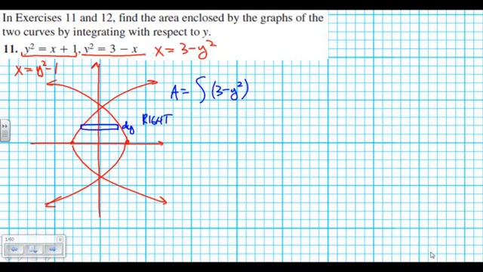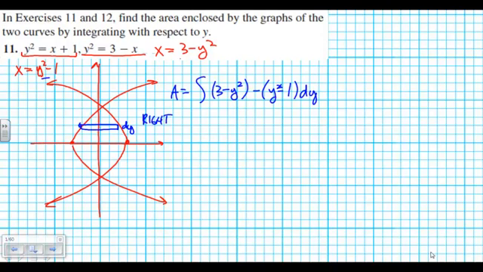And then we're going to subtract that by the value over there, so that whenever we do those subtractions we get a positive number. And this other curve is the y squared minus 1 dy.